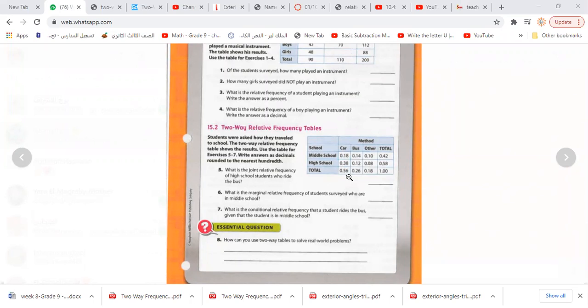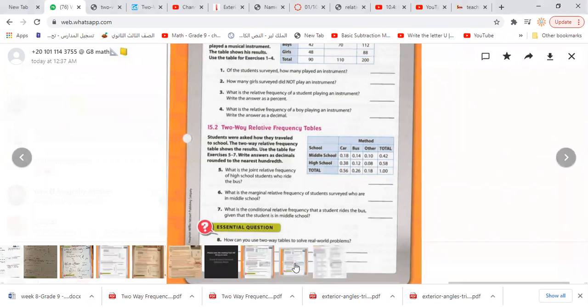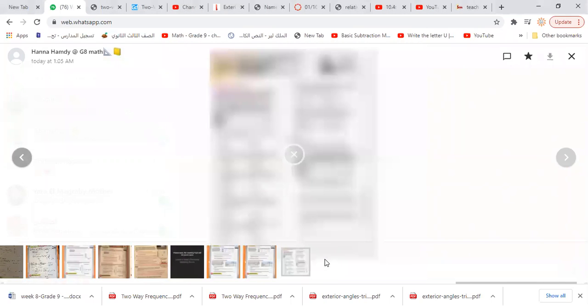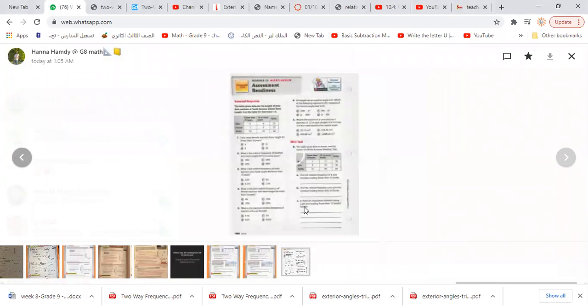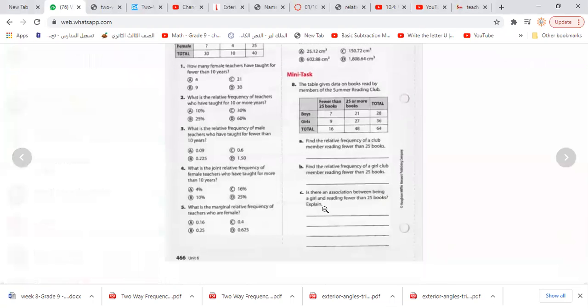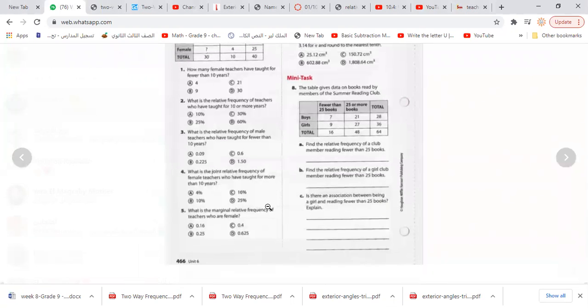Yes. Okay. What do you have in this page, in this question? We want to answer question number 8.